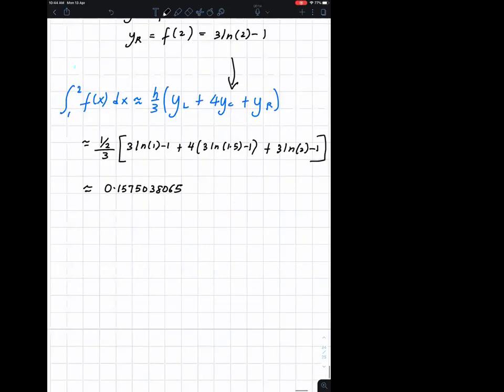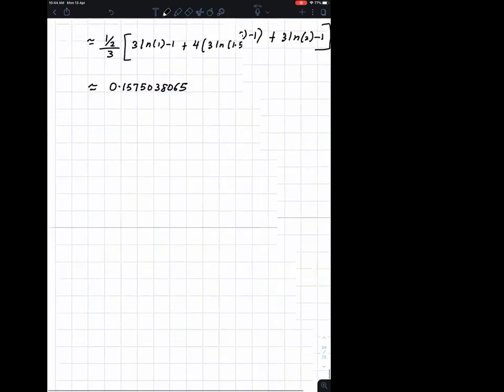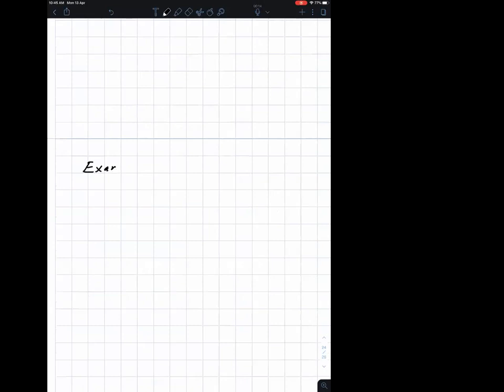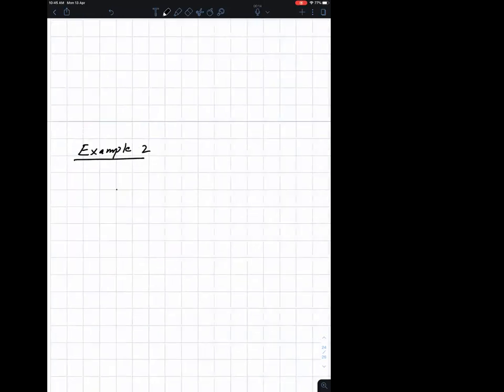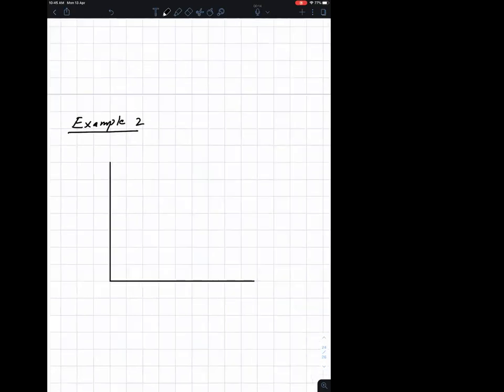Let's say I have another curve here, example 2. You have a curve like this coming up to here.